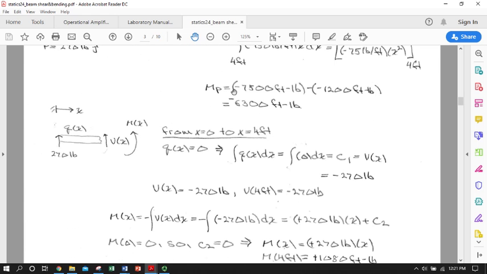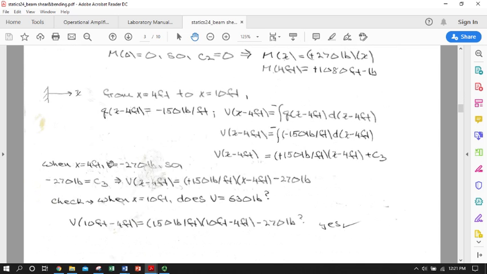What is V at 4 feet? It was negative 270 pounds. So when x is 4 feet, V is negative 270 pounds. If I put in 4 feet for x, this whole term goes to 0, and I get negative 270 pounds equals C3.